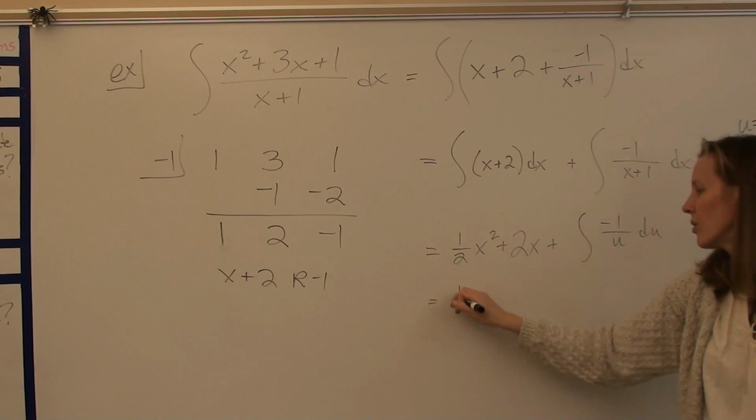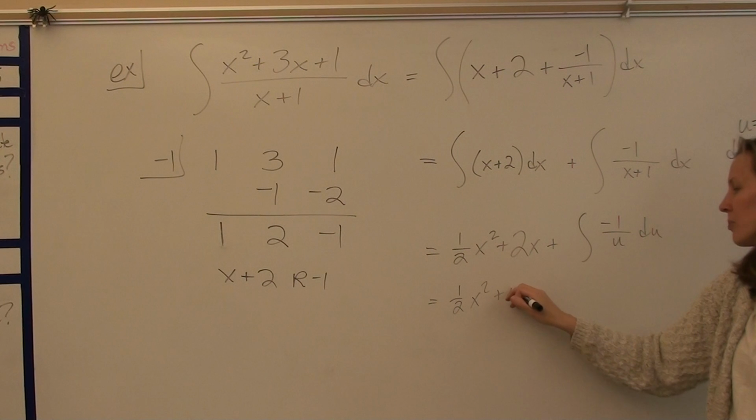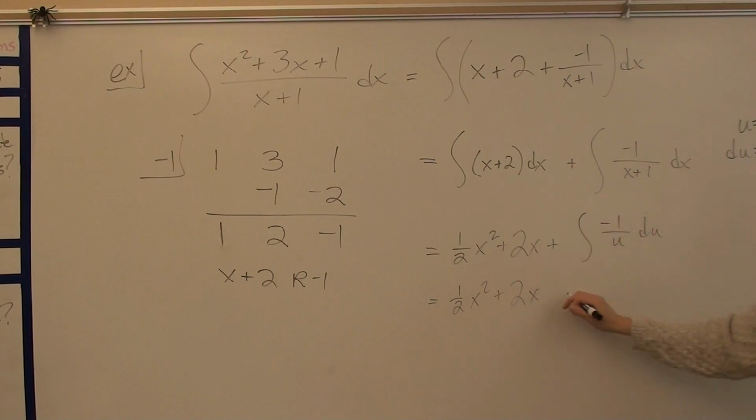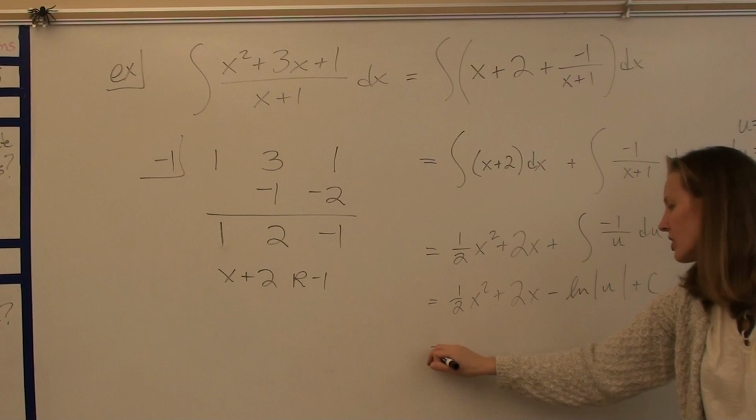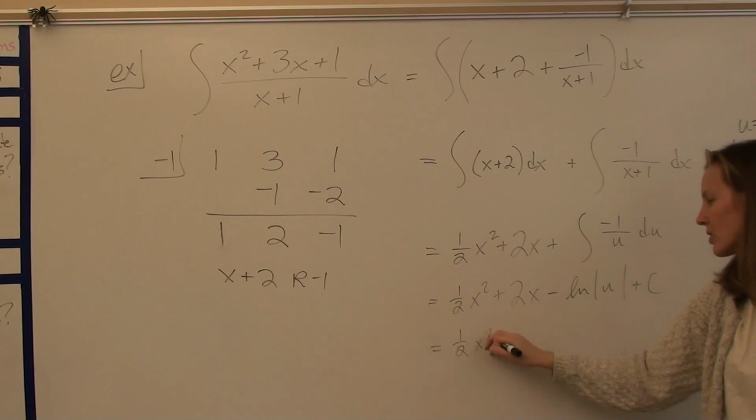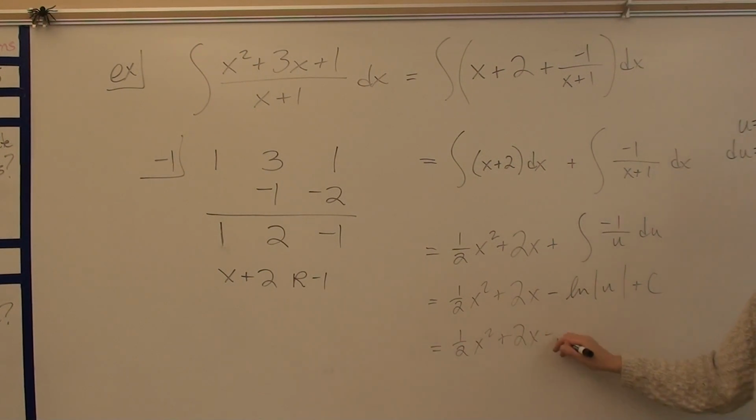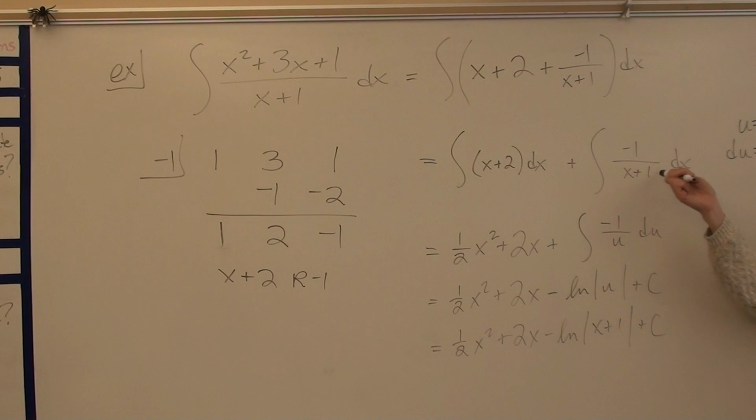So you get 1/2 x squared plus 2x, and we'll do minus ln absolute u plus c. So your final answer is 1/2 x squared plus 2x minus ln absolute x plus 1 plus c. Which is exactly what we would have written if we just did this like, hey, x plus 1, it's on the bottom, I'm going to do natural log.